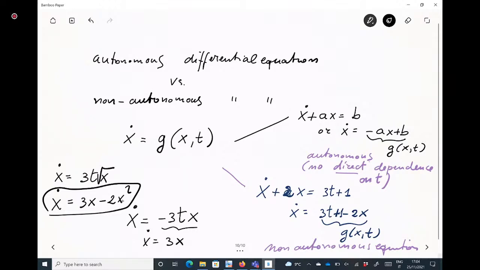This is non-linear because x is squared here. This is non-linear because we have the square root of x, but there is also direct dependence on t. This is non-linear and non-autonomous. Non-linear and autonomous, okay? Linear and autonomous, linear non-autonomous. These are both linear and separable, and this is non-autonomous and this is autonomous.